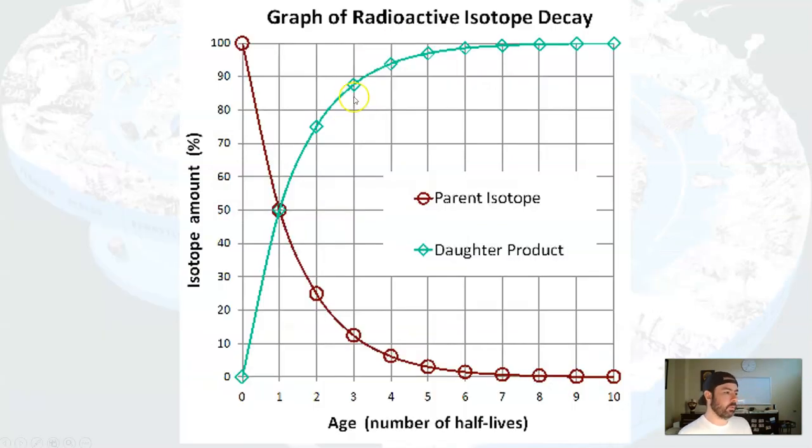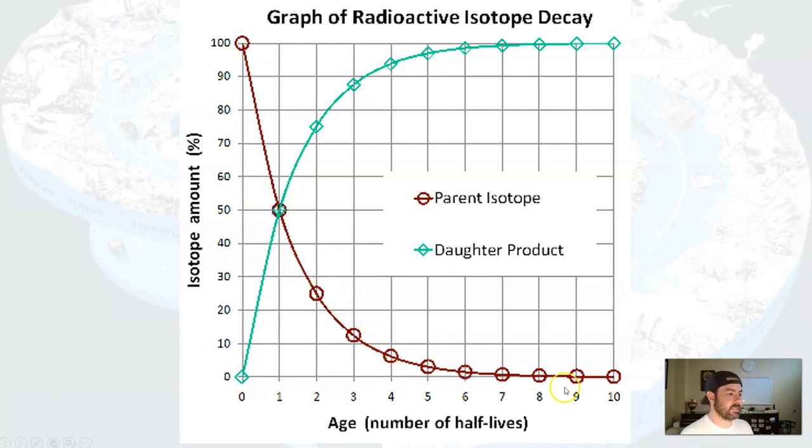When we look at that graphically, parent isotopes decay by 50% after one half-life. Half of 50%, so after two half-lives, there's only 25% of the original parent. Half of 25 is 12.5% after three half-lives. Half of 12.5 is 6.25 after four half-lives, and so on.